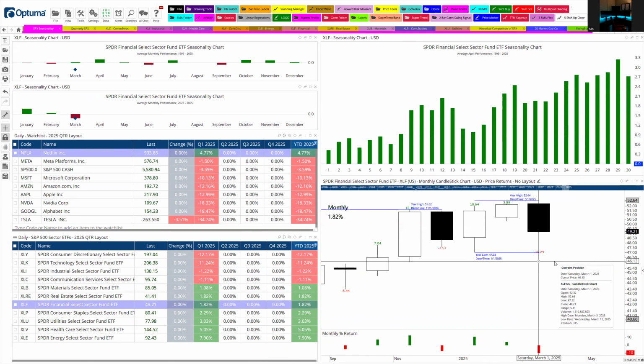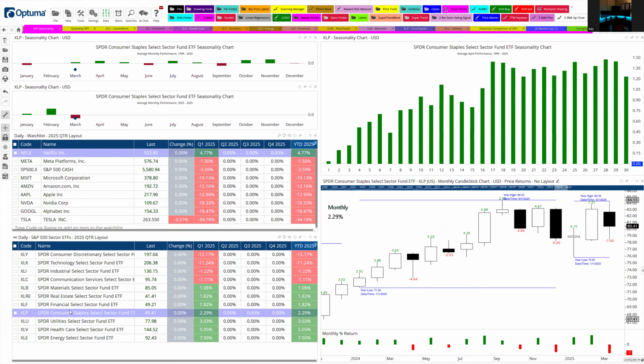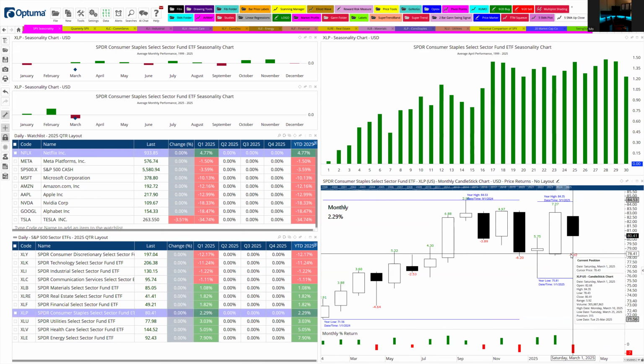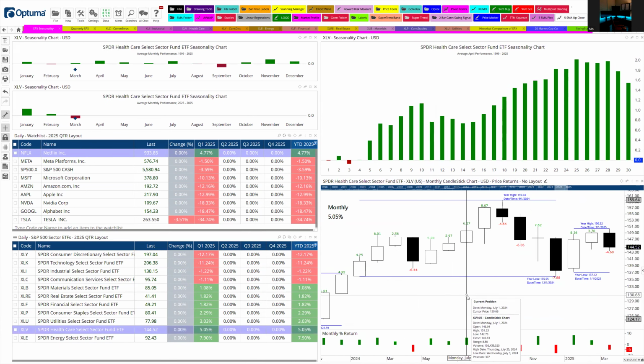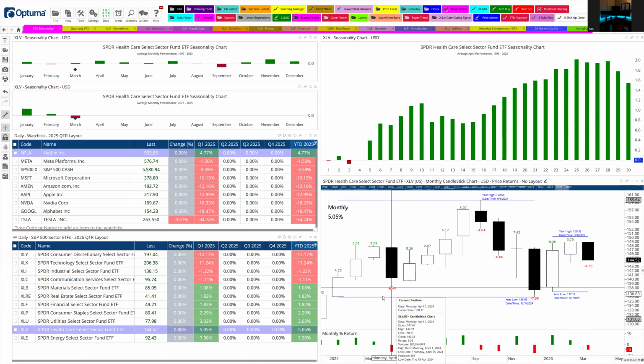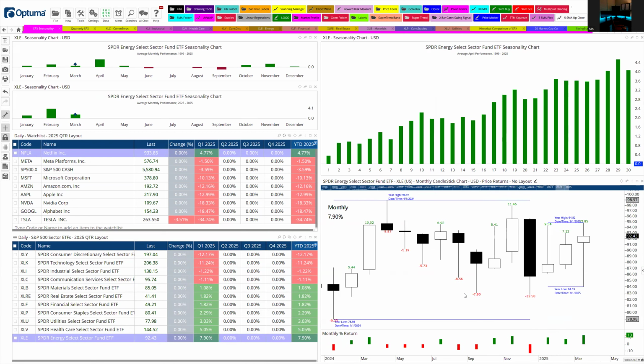So you made a high and a low. Consumer staples higher bar, barely made it above the previous month low. Utilities lower bar. Healthcare outside bar. Energy outside bar.